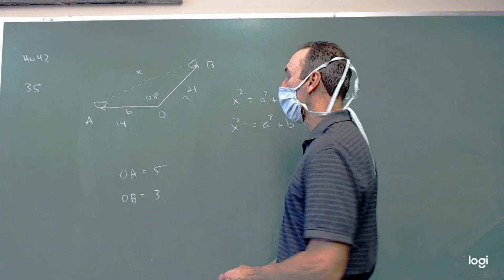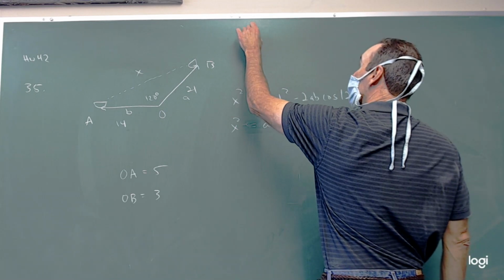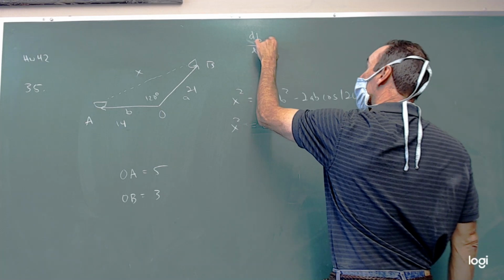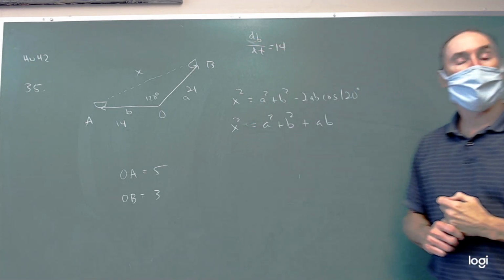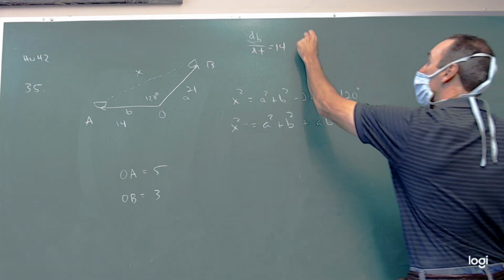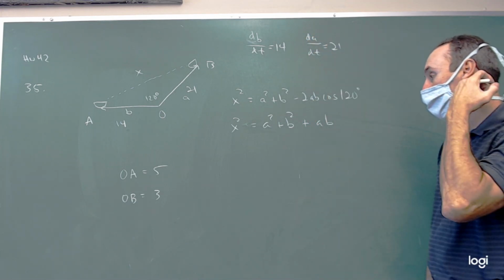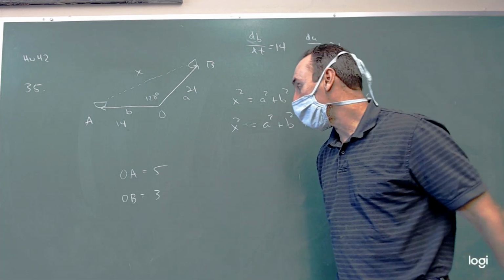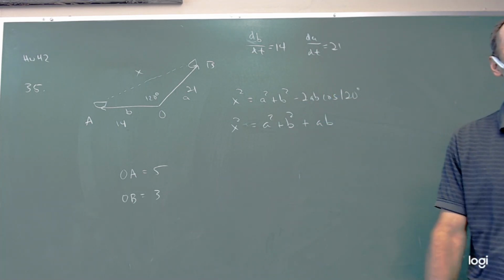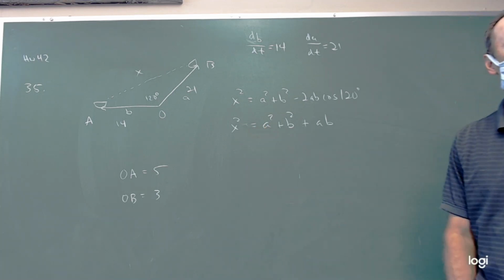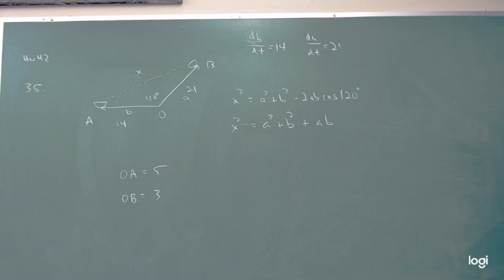So we know that dB/dt is 14, and dA/dt is 21. And then we're interested at that particular moment when OA and OB are 5 and 3. I think we're going to have to come back to that because we're probably going to need to know what x is at that moment also, but we'll get there. Okay so far.